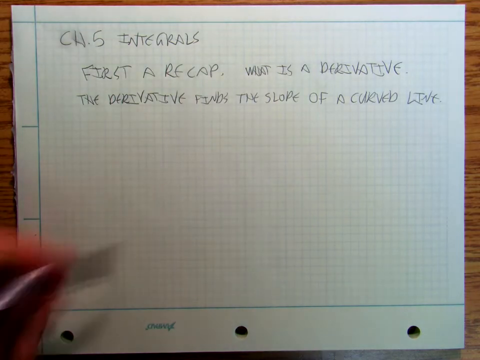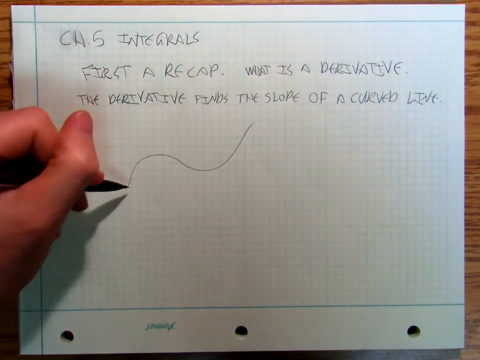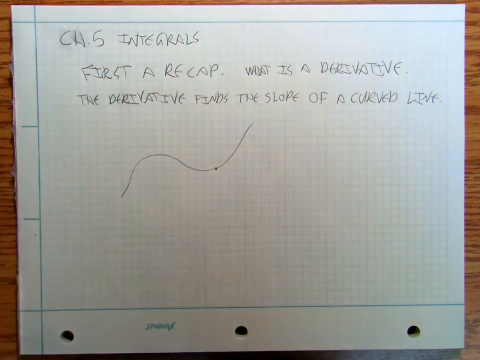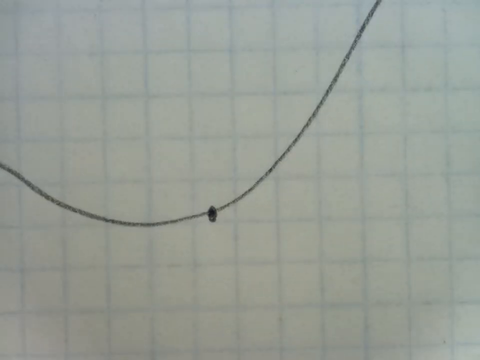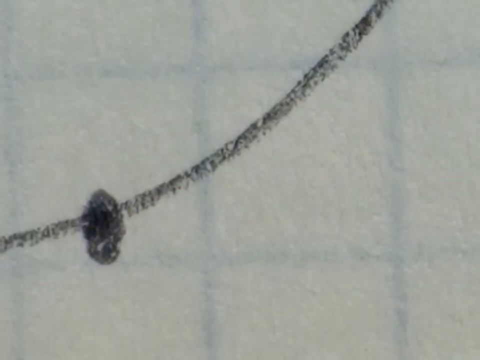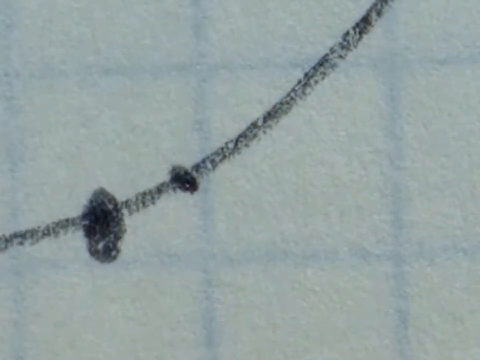So to remember, we have a random squiggly, and if I want to find the derivative, if I want to find the slope at that point, what I'm going to do is zoom in on that point, and find another point really close to it.